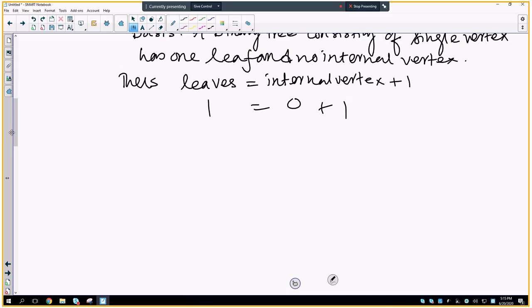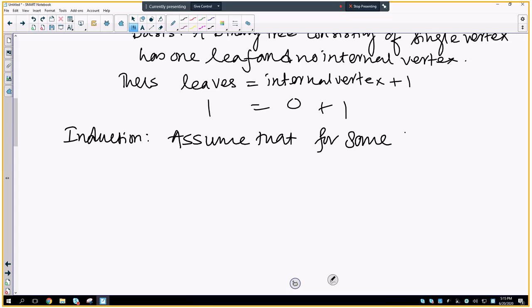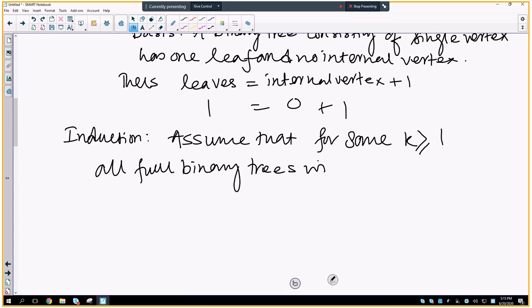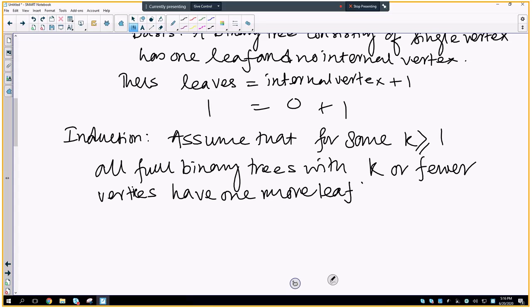So I'm going to start with the induction hypothesis now. For the induction hypothesis, assume that for some k greater than or equal to 1, all full binary trees with k or fewer total number of vertices have one more leaf than the non-leaves, so the internal vertices.